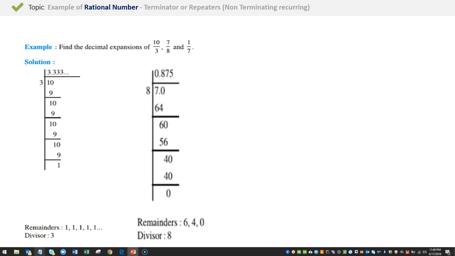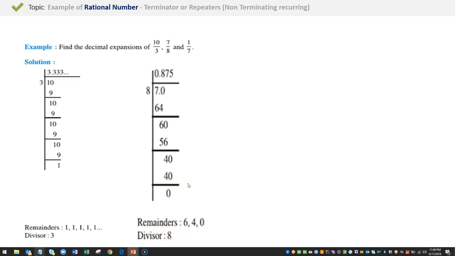Now let's take another example, 7 by 8. If you try to divide 7 by 8, you can see that after a certain division, you get 0 at the end. And you get remainder as 640 for divisor 8.